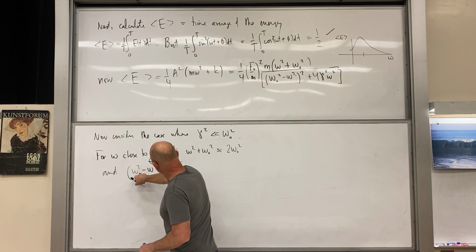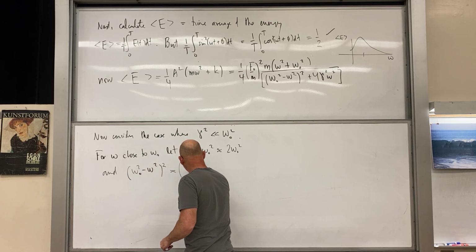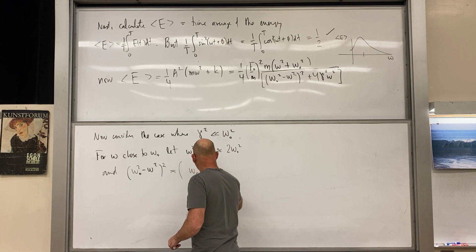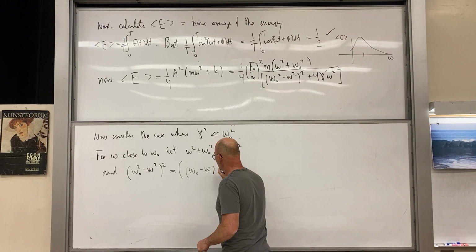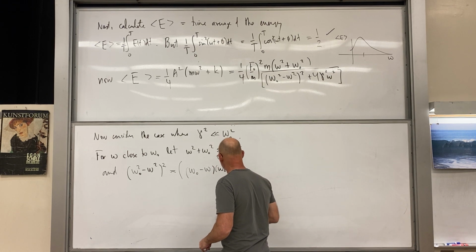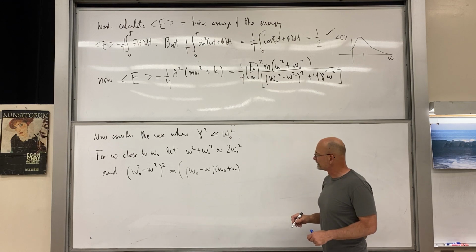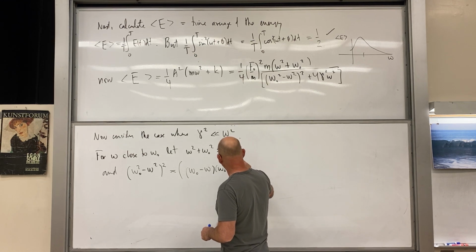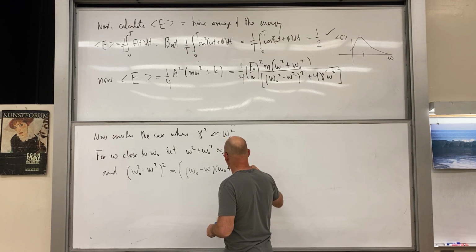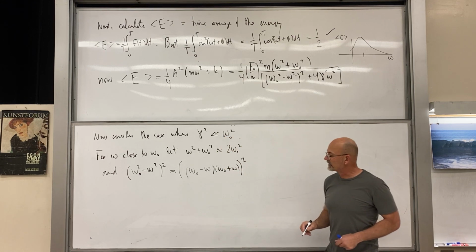So omega naught squared minus omega squared, remember, would be omega naught minus omega times omega naught plus omega. And if we're going to square that, that's what we'd have here.